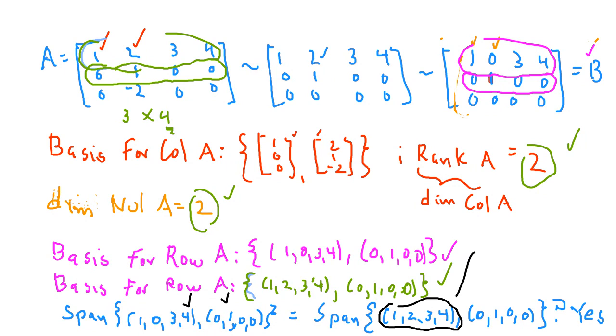That's no problem. Just take 1 times the vector 1, 0, 3, 4 and add what times the vector 0, 1, 0, 0?